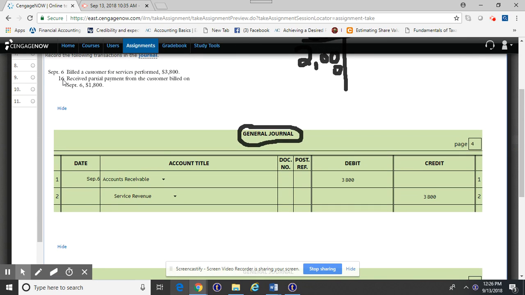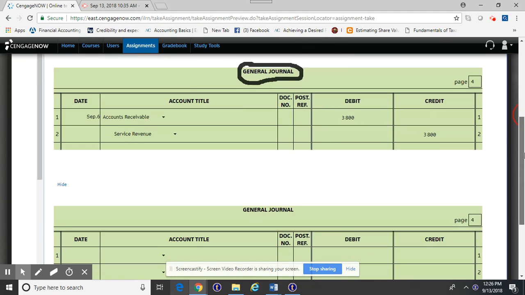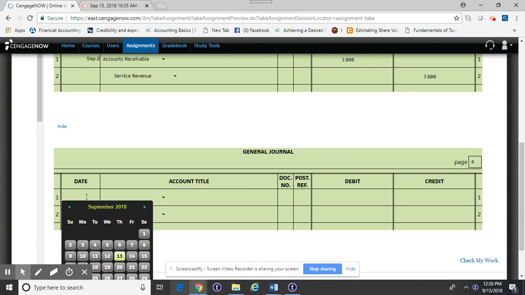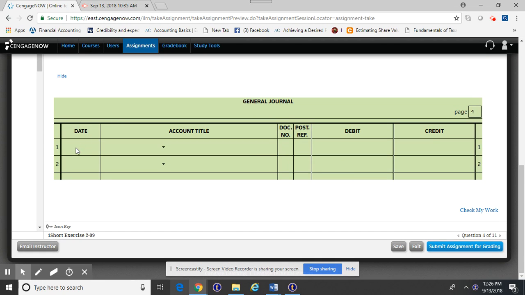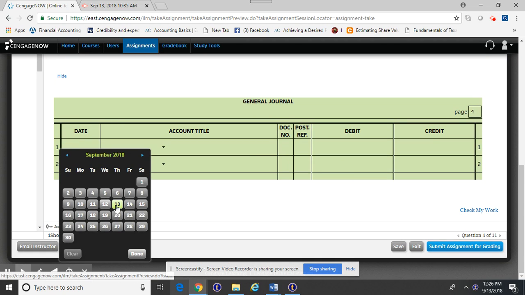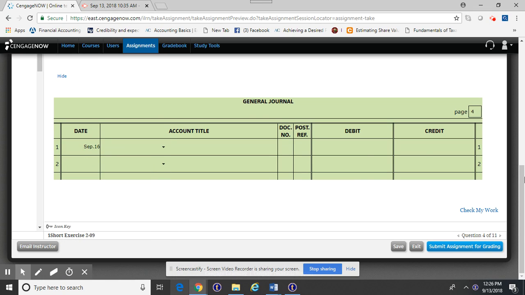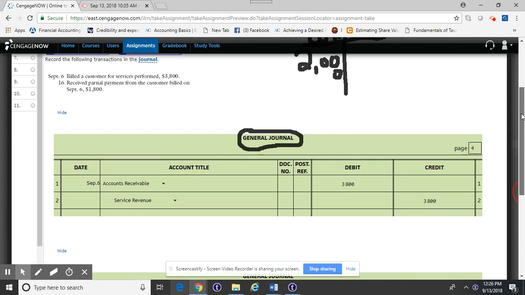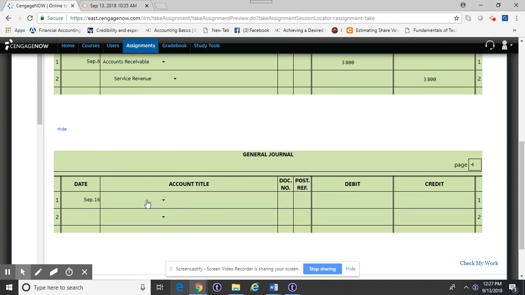We received cash. So I'm going to go down here, September 16th, right here. This is where we are. I'm going to put September 16th in. I'll click done. So it says we received partial payment. So we received cash. So I'm going to go ahead and put cash in.